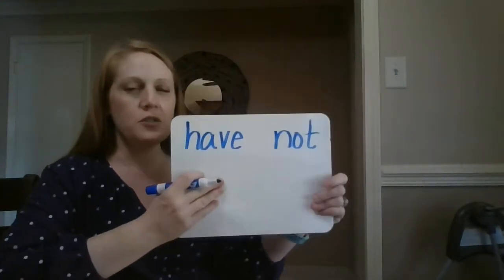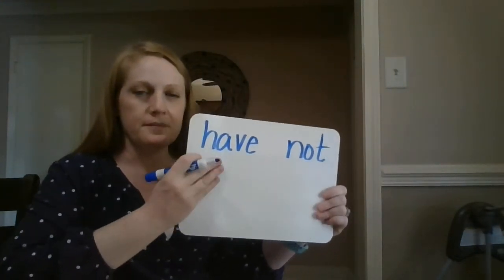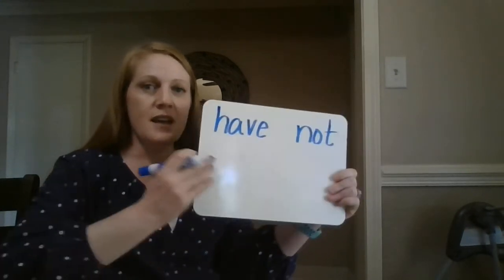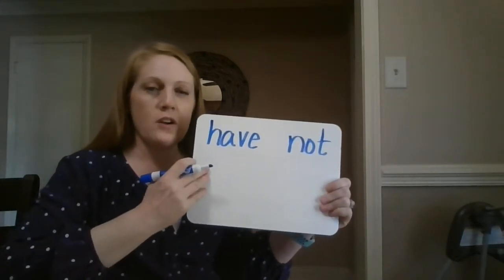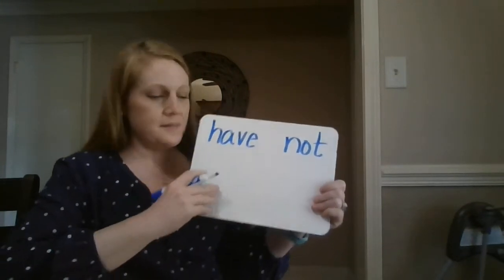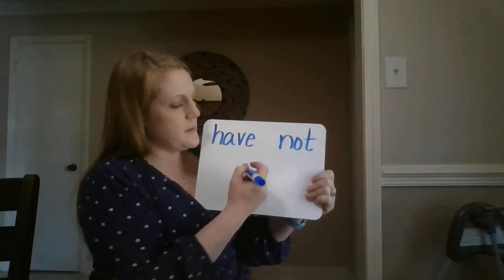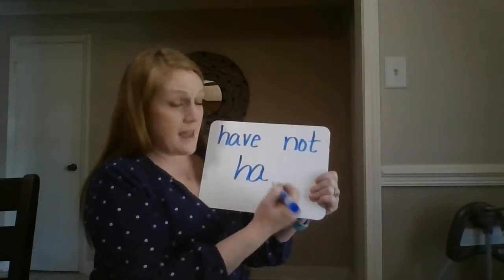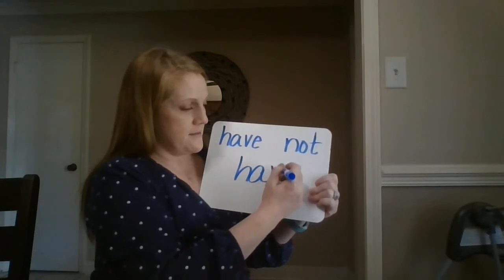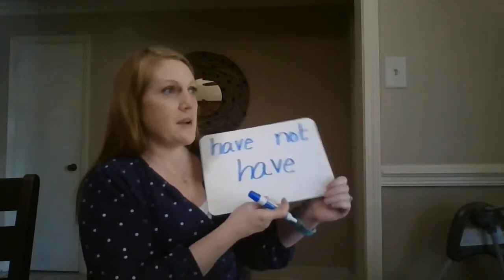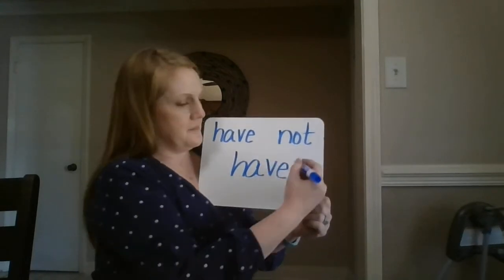Can you help me with these two words? What is this first word? Have. Not. Why don't you all help me write the word or the contraction for have not? Say the letters with me. H, A, V, E. Do you remember how we write the contraction for not?